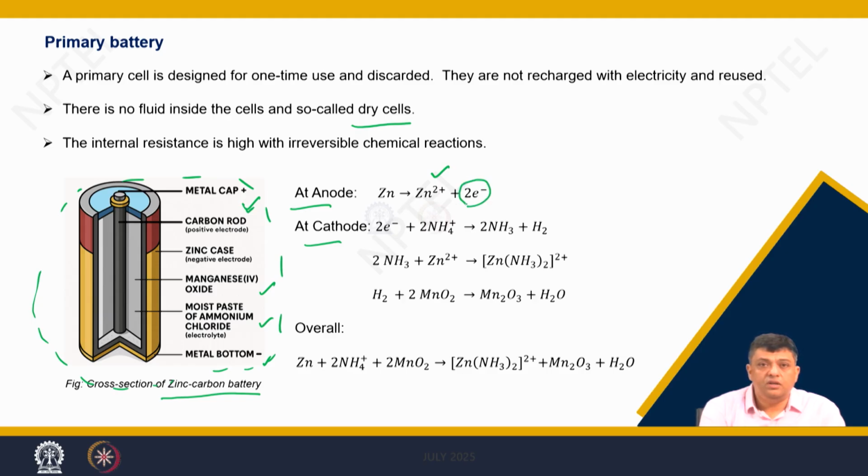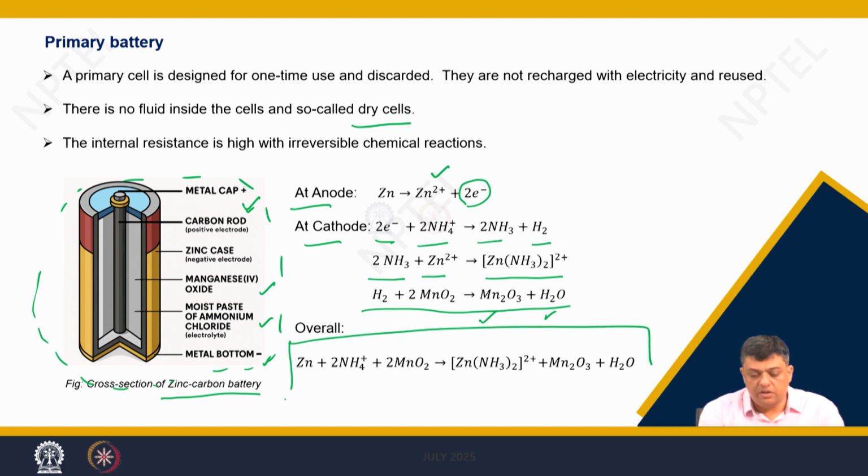At the cathode, you have these electrons giving out ammonia and hydrogen. This ammonia reacts with zinc 2 plus, giving Zn(NH3)2, and hydrogen reacts with manganese oxide to give you Mn2O3 plus water, and overall the reaction is written here.